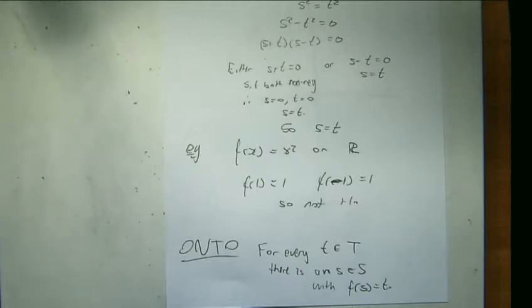So x squared, if you use as your outcome space the whole of R, it's not onto because you can't get minus 1. If you use as your outcome space just 0 to infinity, it is onto because you can make any positive number as a square of something. But if you use as your outcome space n, so there's all these different options for what might happen.